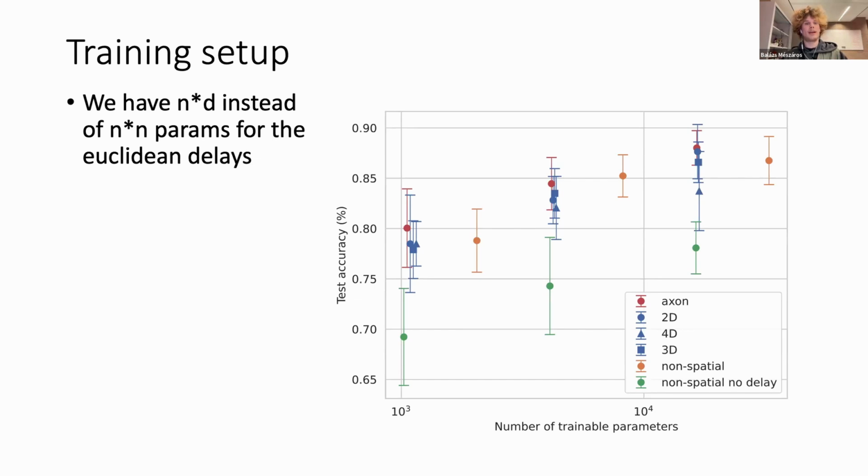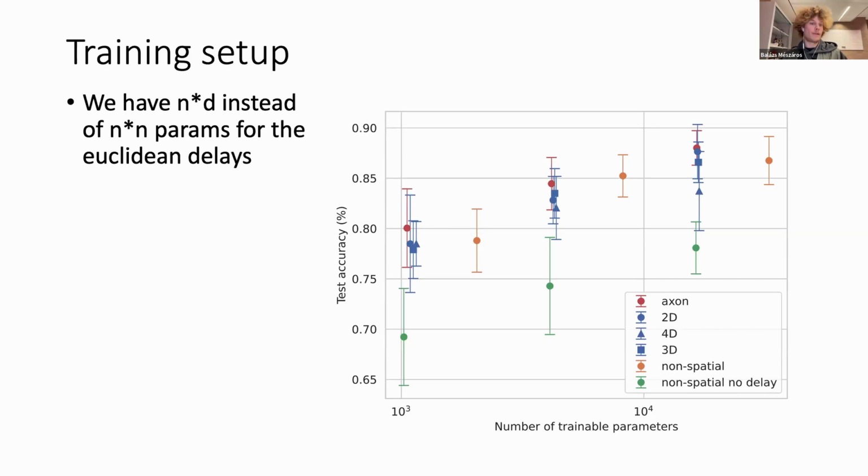And the networks where we do have these delays derived from the Euclidean distance between neurons seem to outperform the other networks in all cases. So I guess the thing we should take from this is that we're good to go. Basically, through position learning, we're probably learning something useful, and thus it's interesting to look at what we actually learned.